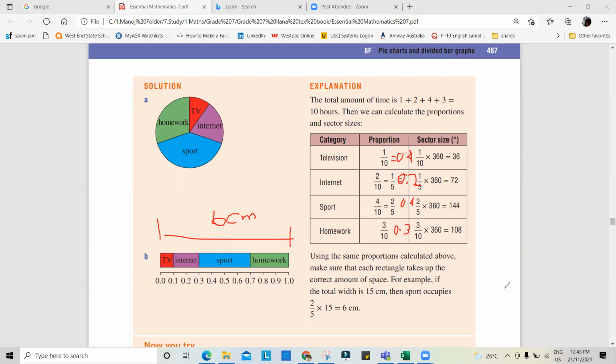TV should be 0.1. 6 centimeters multiplied by 0.1 is 0.6 centimeters. So 1 centimeter is 10 millimeters, and this one should be 6 millimeters. 1 over 10 is 6 millimeters. Then you mark the 6 millimeter portion.